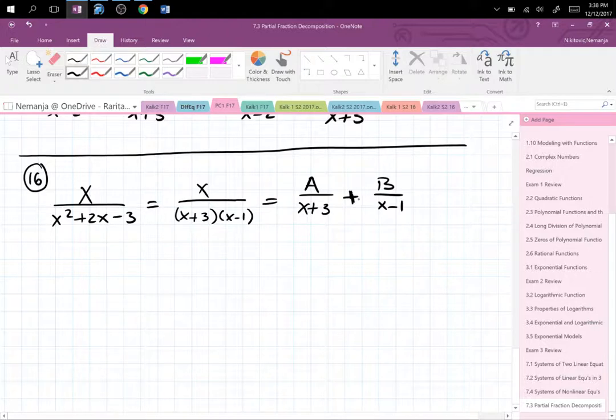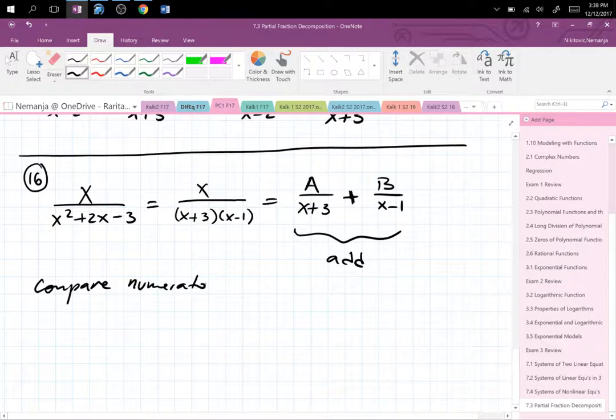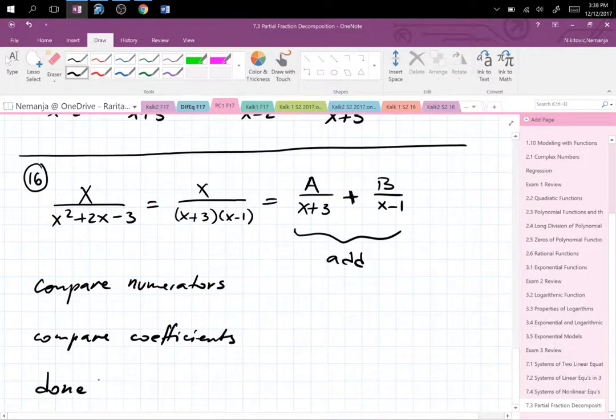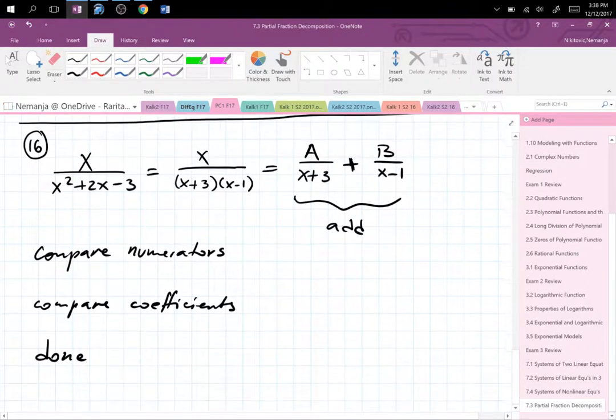So I'm asking you to add these guys and then compare numerators, compare coefficients, and then done. Here are your steps.